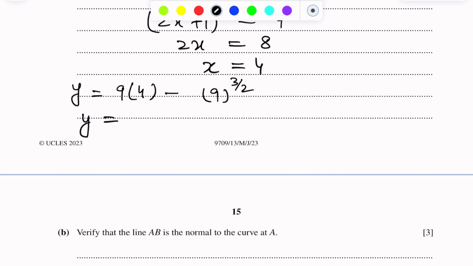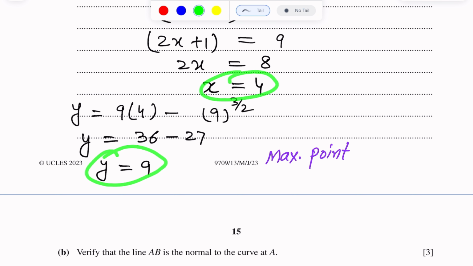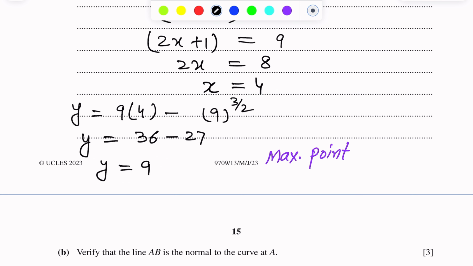Now y is equal to 36 minus, by calculating 9 power 3 over 2, we get 27. So we get y is equal to 9. So the coordinates of the maximum point: x coordinate is 4, y coordinate is 9. (4, 9) are the coordinates of the maximum point.